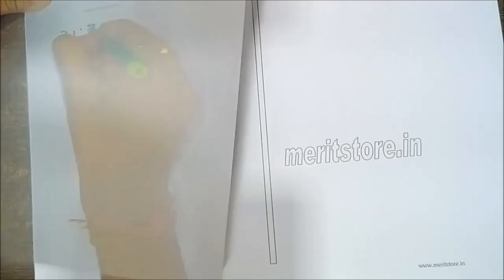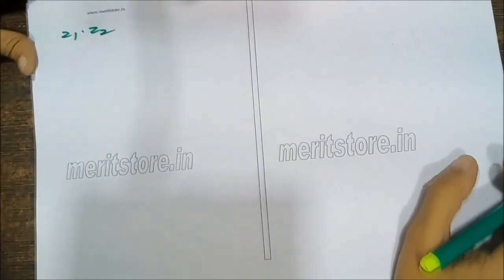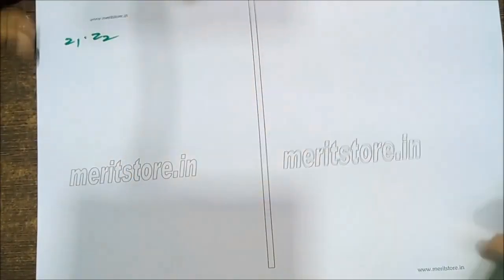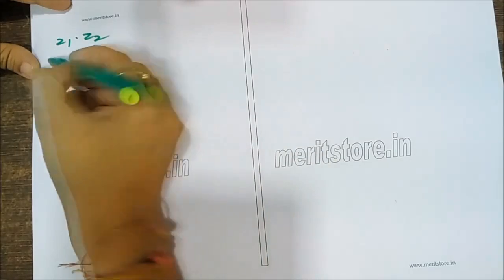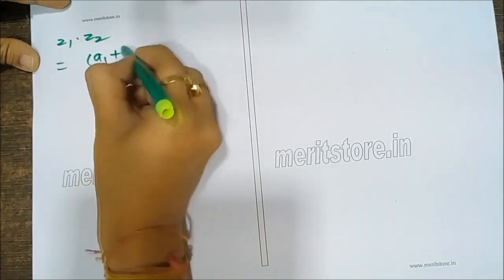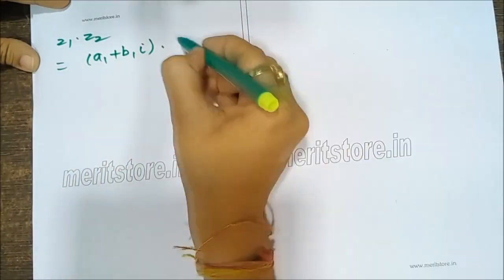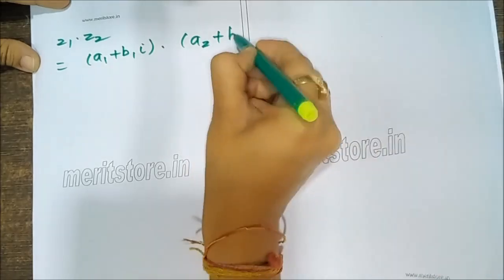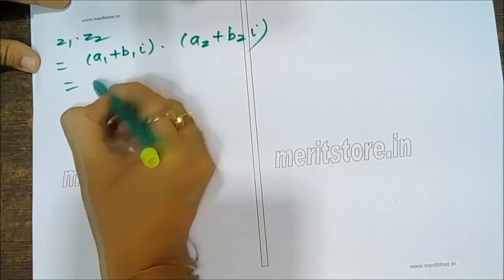When I am taking the product, a1 plus b1i times a2 plus b2i, let's open the bracket.